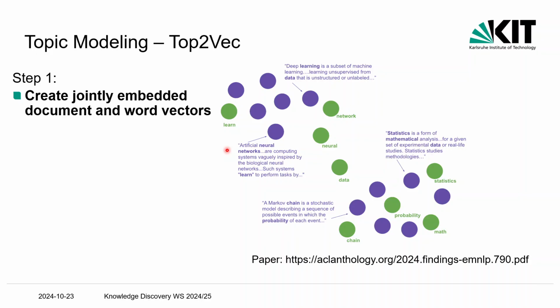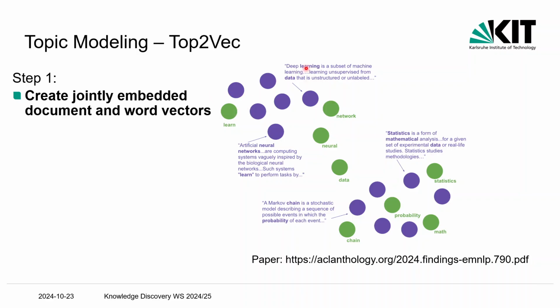But they also make use of BERT embeddings. Here we can see in this nice illustration that you can have words and documents within the same space, so that this further accentuates that this word or this document is very close to this word and such.